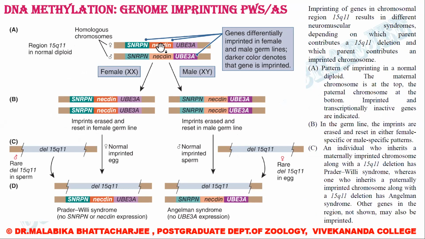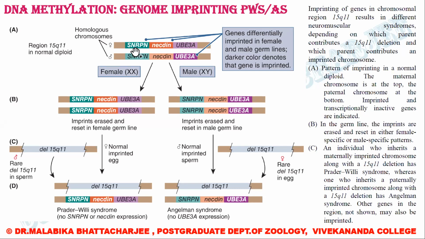The darker colors are the imprinted genes. So this is imprinted, this is imprinted. This chromosome has been obtained from the mother. This is chromosome 15 and the position is q11. This chromosome has been obtained from the father.